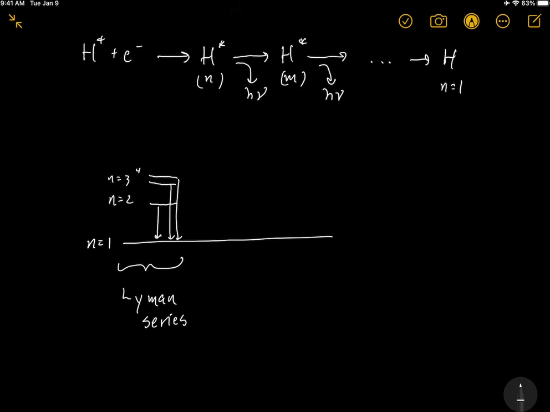So we can say nf equals 1. Similarly, there's another series where, again, there's nothing quantum mechanically that says we can't relax, instead of going all the way down to the ground state, from, say, n equals 3 to n equals 2, n equals 4 to n equals 2, and so on.